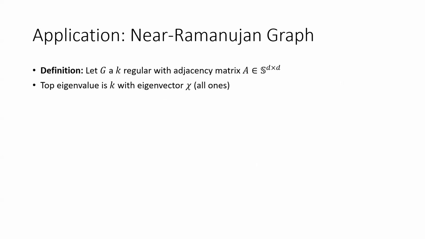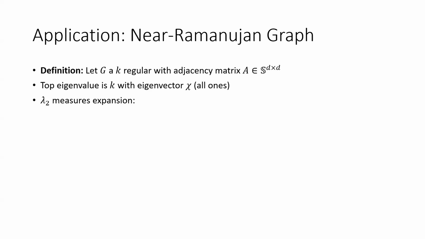So when you're given a k-regular graph with a d by d adjacency matrix, which means the graph has d vertices, we know that the top eigenvector of the graph is the all ones vector, and the top eigenvalue is k.